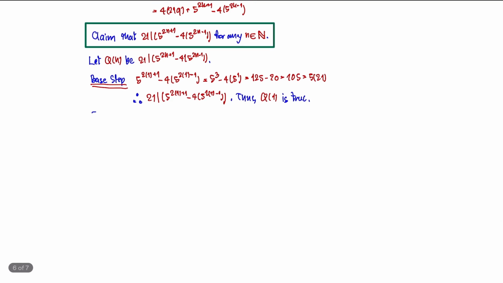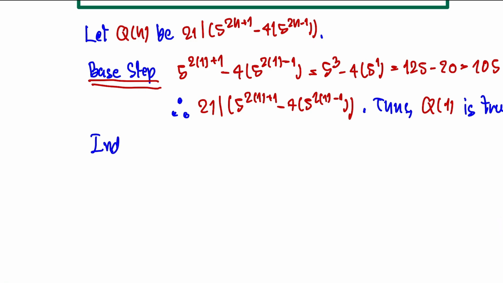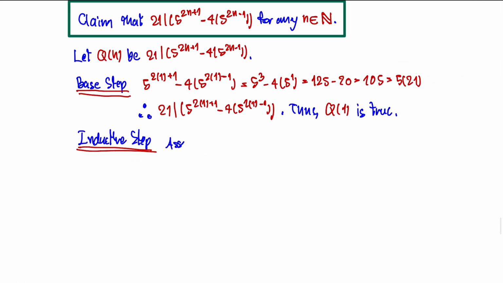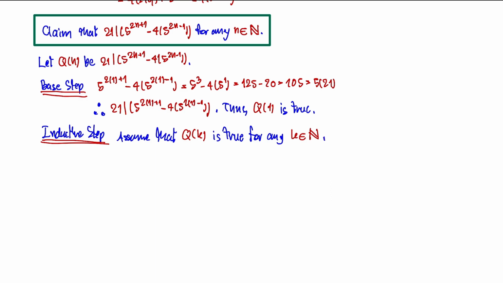So let's go to the inductive step. We have to assume that Q(k) is true for some positive integer k, and we have to show that Q(k+1) is true.